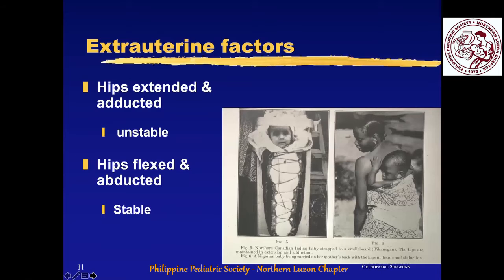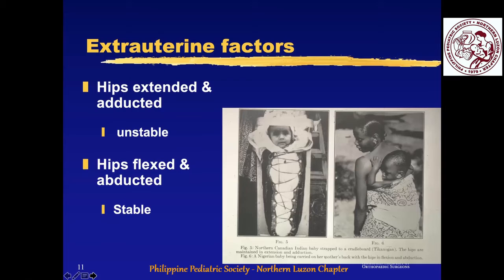There are also extrauterine factors associated with hip dysplasia. For instance, in the picture on the left, this is a northern Canadian Indian baby, which is wrapped straight. They're strapped to a cradle board, and the hips are maintained in extension and adduction. And they have an unusually high prevalence of DDH in their tribe.